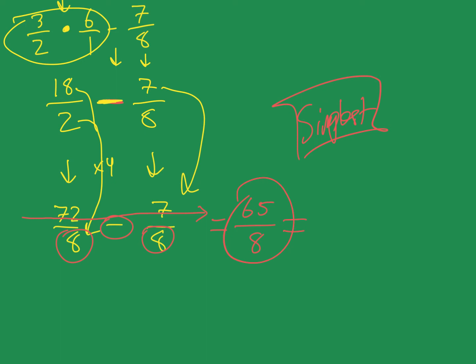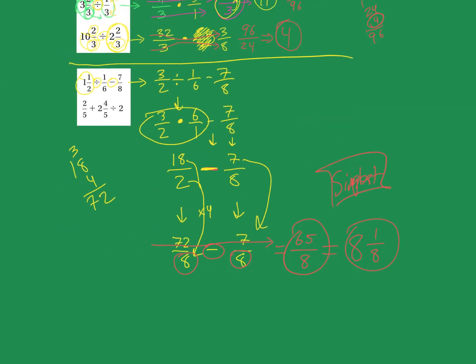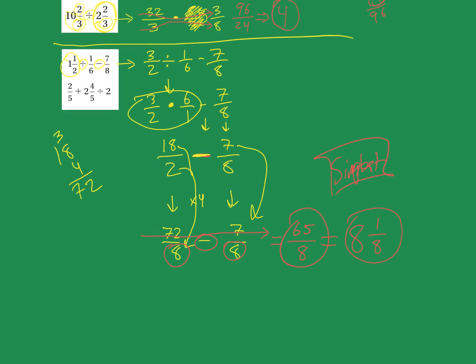So 8 goes into 65 8 times, which is 64. So that leaves me with 1 remaining, and I keep 8 the same as my denominator. Okay, I did that really fast because I've already made videos explaining that. So there's our answer for our question up here.